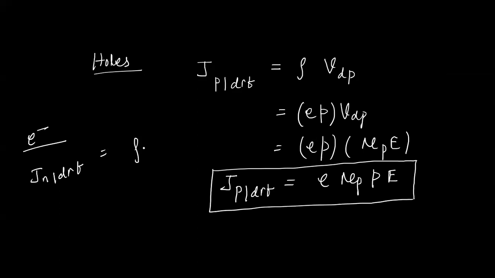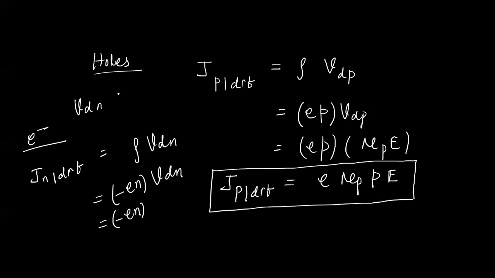We can write the same way, rho times V_DN. Finally, the charge of the electron is minus E, n is the concentration of electrons, and this is V_DN. Now, V_DN is proportional to minus E, because it will move in the opposite direction.